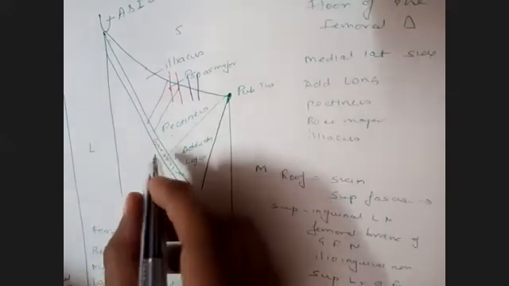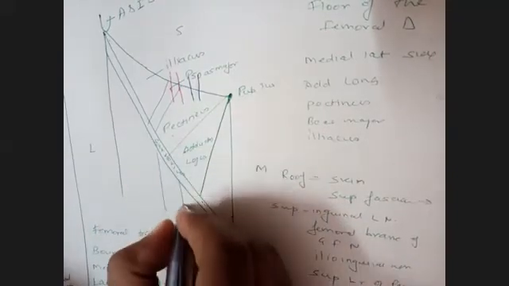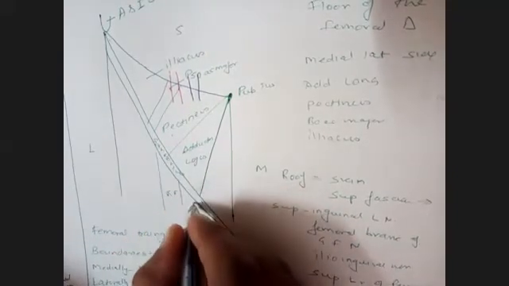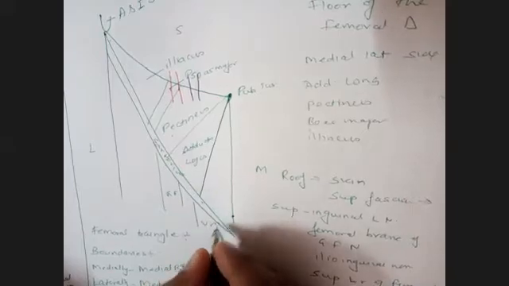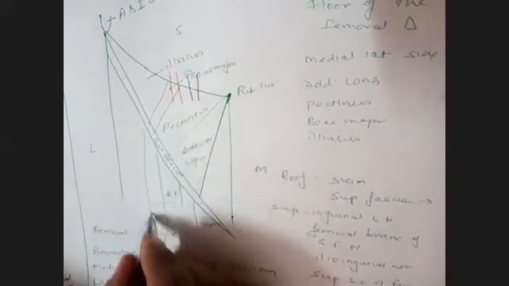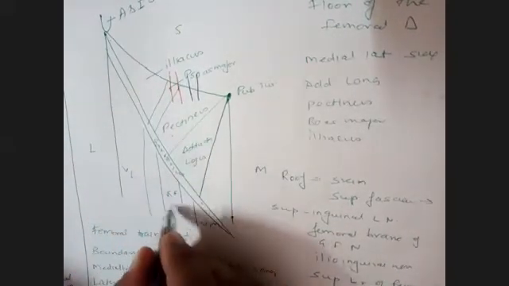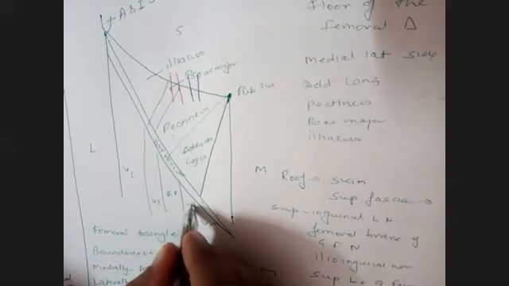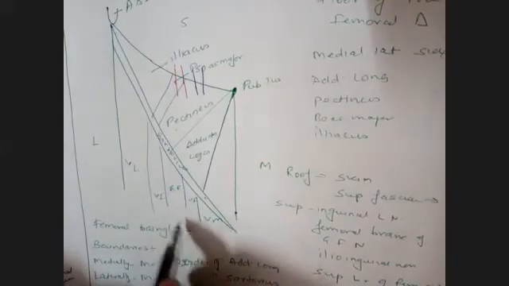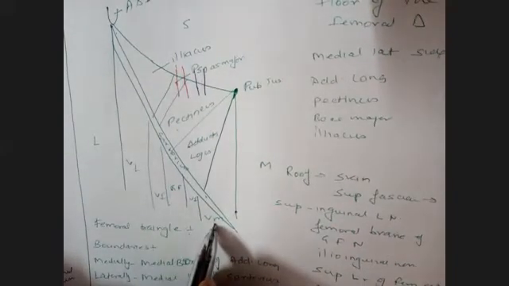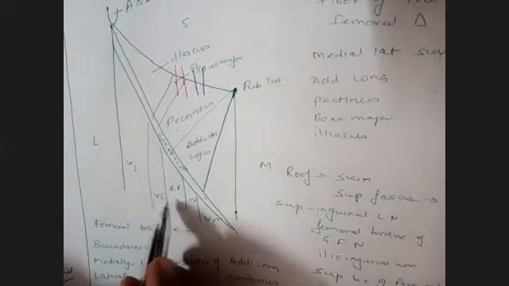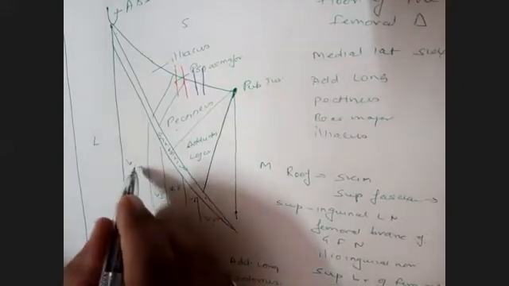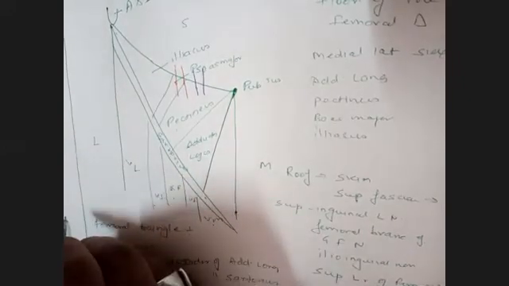Below are four muscles: rectus femoris, then vastus medialis, vastus lateralis, and below the rectus femoris is vastus intermedius. So three vasti: vastus medialis, vastus intermedius with rectus femoris on it, and vastus lateralis.